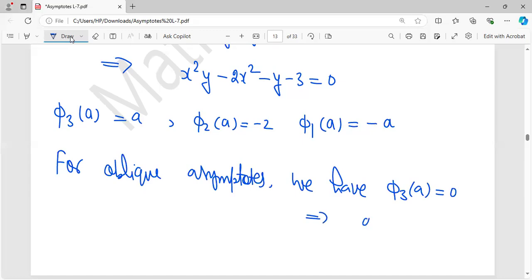It means A is equal to 0. Now phi 3 dash A is not equal to 0.